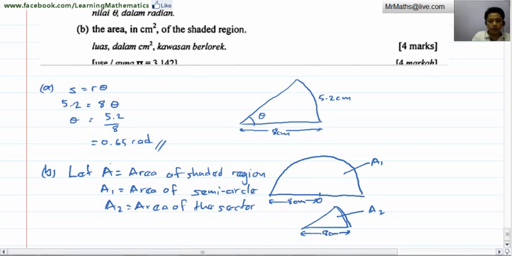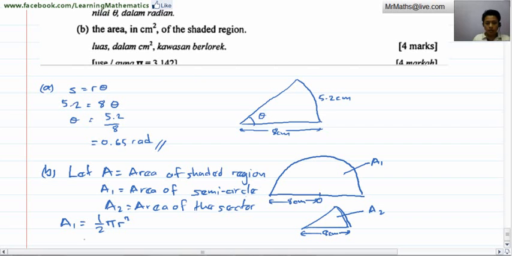Then the A1 would be the area. The formula for a full circle is pi r squared. So for a semicircle it will be half pi r squared.